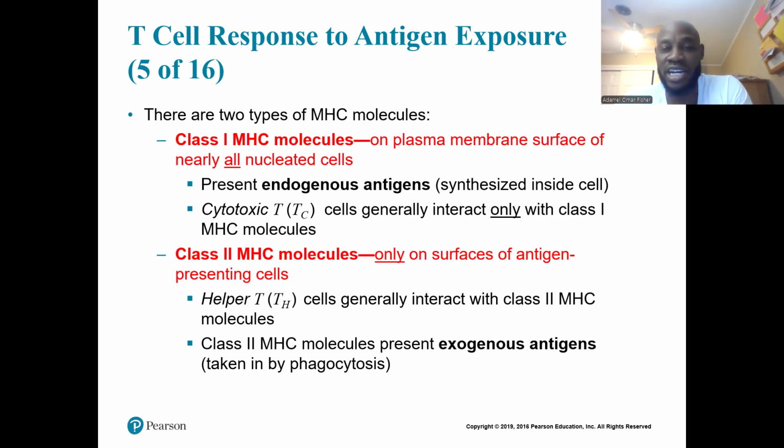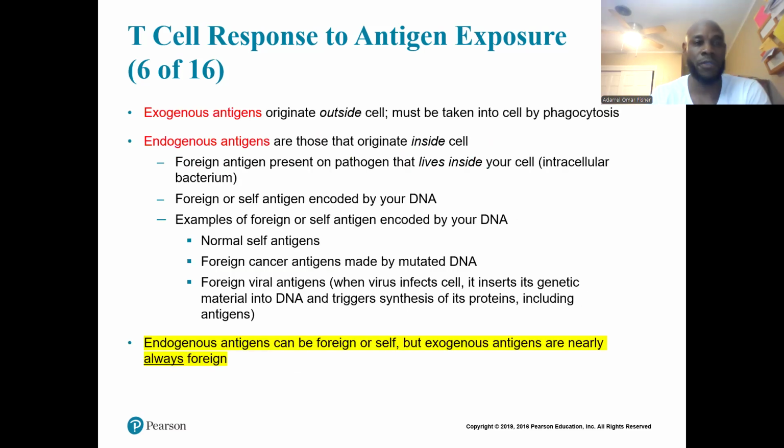Class 1 presents endogenous antigens synthesized inside the cell. Class 2 presents exogenous antigens taken in by phagocytosis. So exogenous antigens originate outside the cell. The cell must take it in, cell eating, phagocytosis.